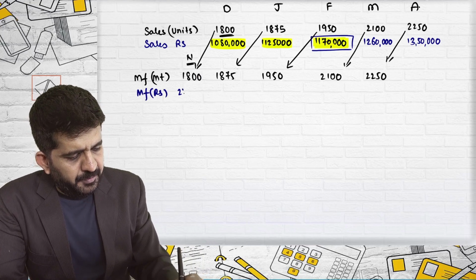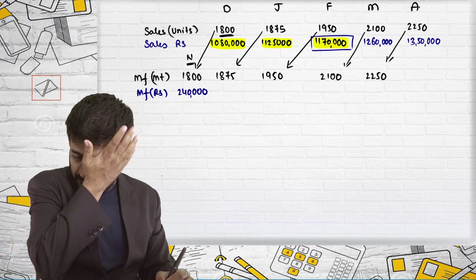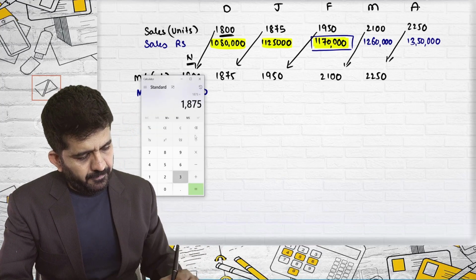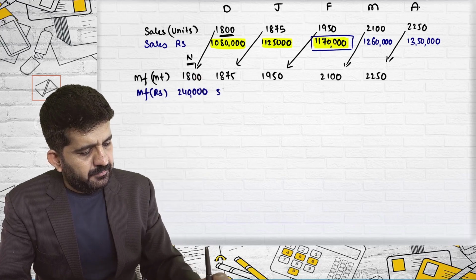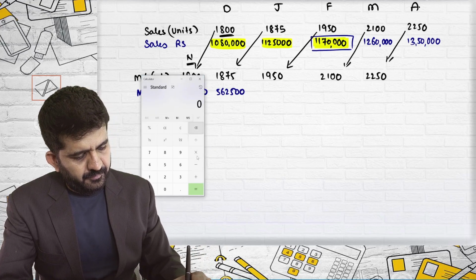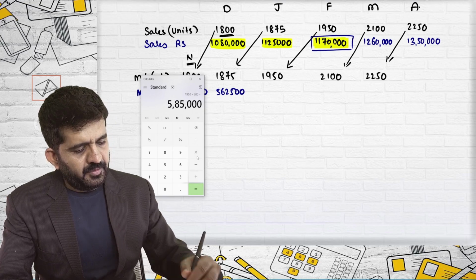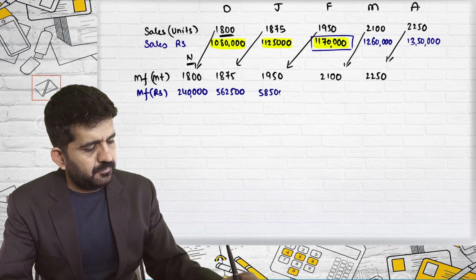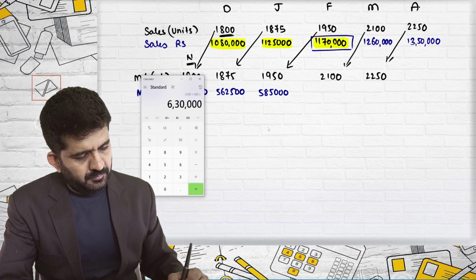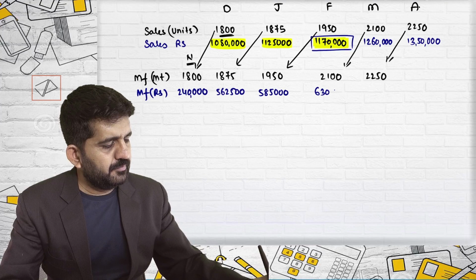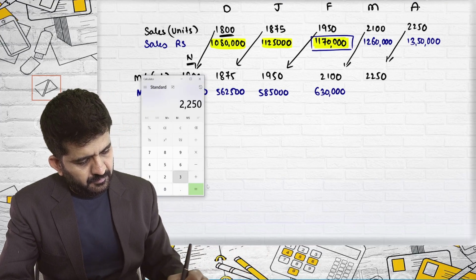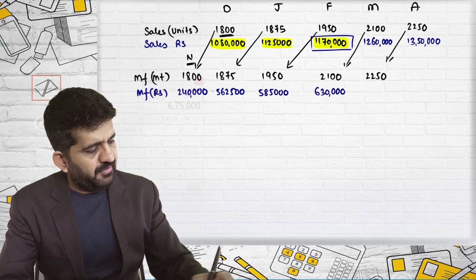Manufacturing cost in rupees 2,40,000. 1875 into 300, 5,62,500. 1950 into 300, 5,85,000. 2100 into 300, 6,30,000. And 2250 into 300, 6,75,000.